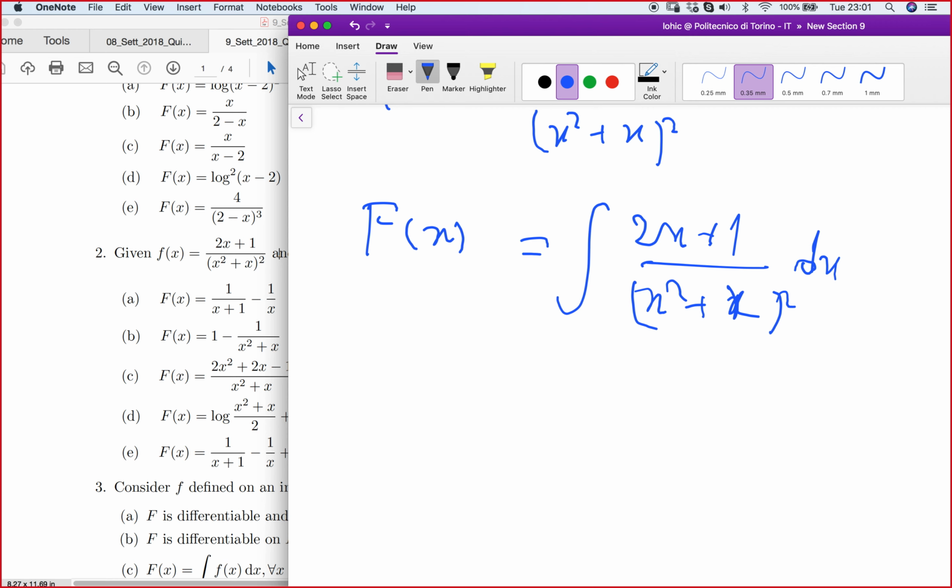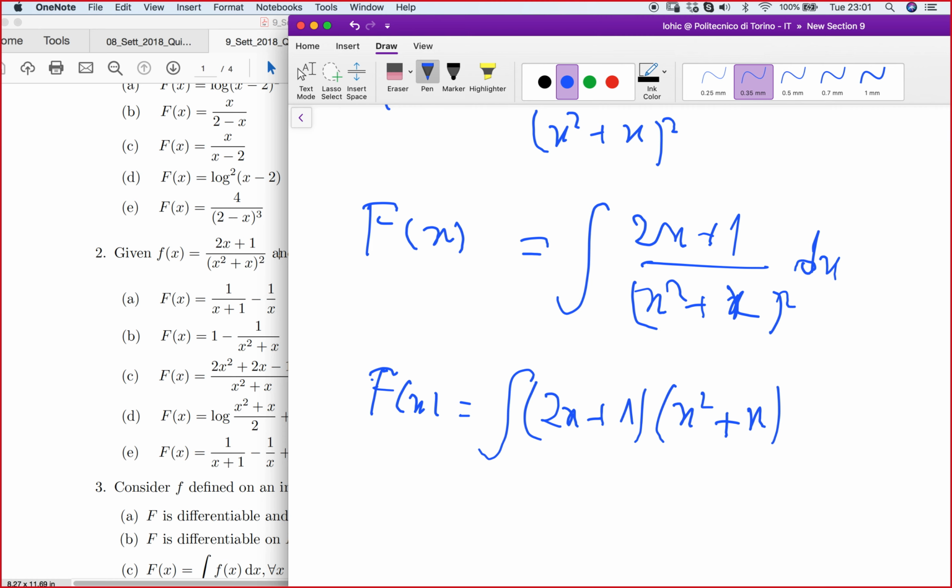Now keep in mind, as I told you before, you can directly see the derivative of x squared plus x. What is it? Yes, 2x plus 1, right? So we can rewrite this integral as the integral of 2x plus 1 multiplied by x squared plus x, all to the power minus 2, in dx.